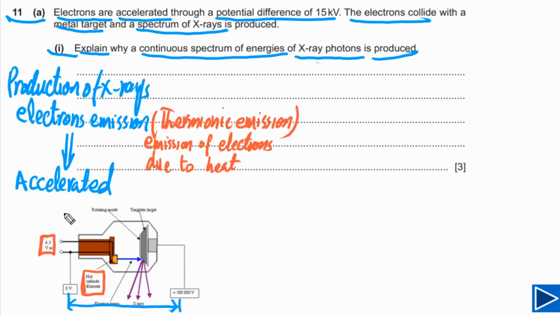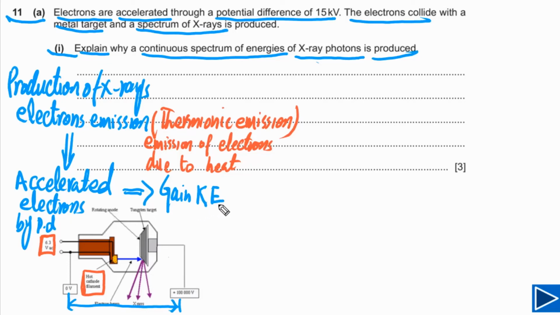So due to this potential difference, electrons will be accelerated. This is our cathode and this one is the anode. When the electrons are accelerated, they gain kinetic energy, meaning electrical energy becomes kinetic energy of electrons.